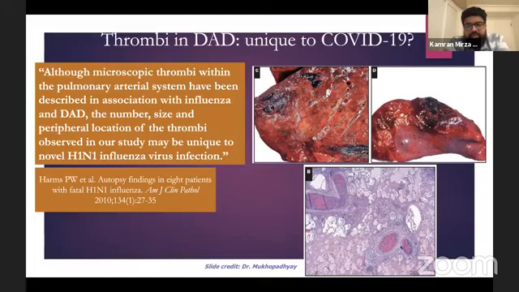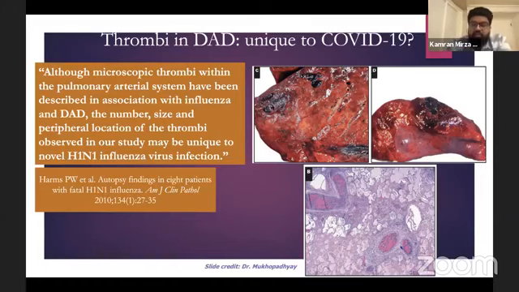So the question then arises whether thrombi in diffuse alveolar damage are unique to COVID-19. The H1N1 influenza study published in the AJCP also talked about the fact that microscopic thrombi within the pulmonary arterial system have been described in association with influenza and diffuse alveolar damage, and that the number, size, and peripheral location of the thrombi observed in this one study in AJCP may be unique to the novel H1N1 influenza virus infection.